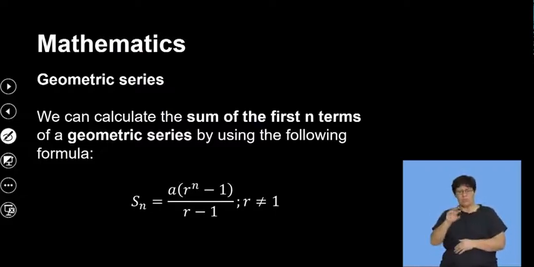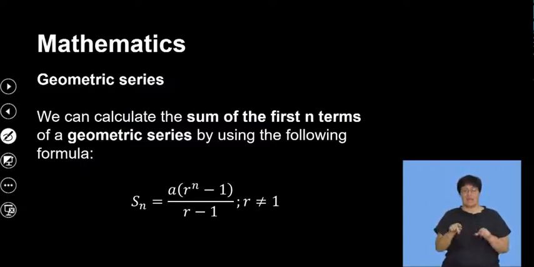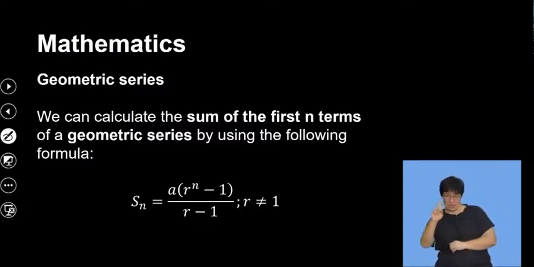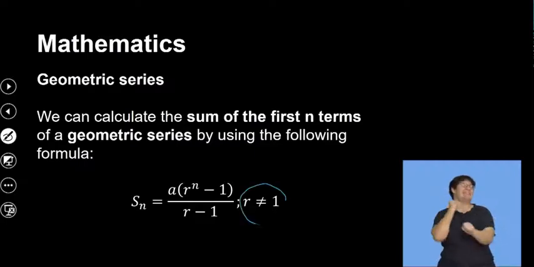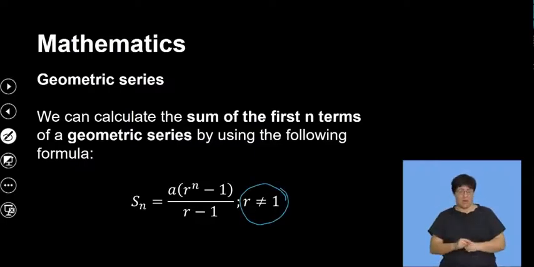Sn is equal to a into r to the exponent of n minus 1, over r minus 1. But r must never be equal to 1, because that would mean the denominator is 0.